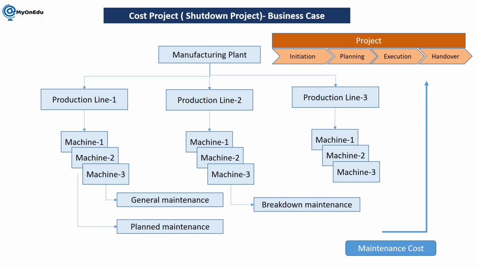You can see a similar scenario in your car. Whenever you buy a car, the manufacturer recommends service after 6 months, or once you finish 1000 kilometers, or once you finish one year, so you will have a major overhaul, major service. Or if you are crossing 10,000, then you will have major service.